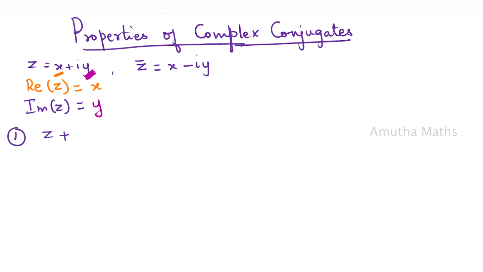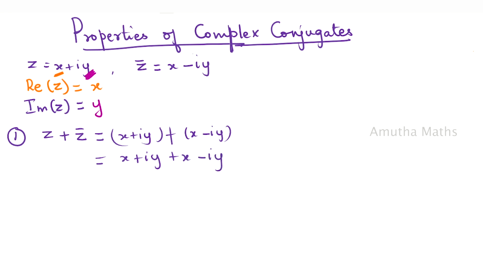z plus z bar is equal to x plus iy plus x minus iy. We have to add these two, z and z bar. So these two get cancelled. So we will be left with 2x.